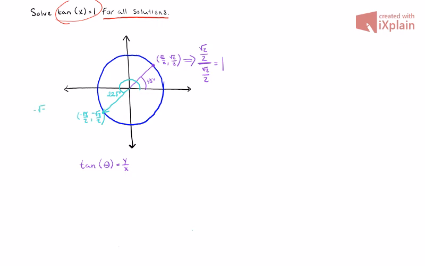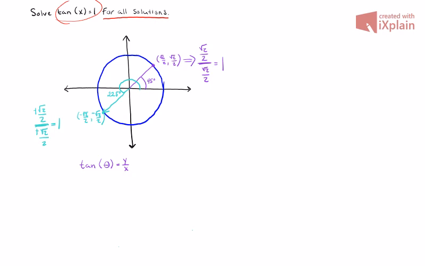And again, negative root 2 over 2 divided by negative root 2 over 2. The negatives would become positive since a negative divided by a negative is equivalent to a positive, and it also gives us a 1.